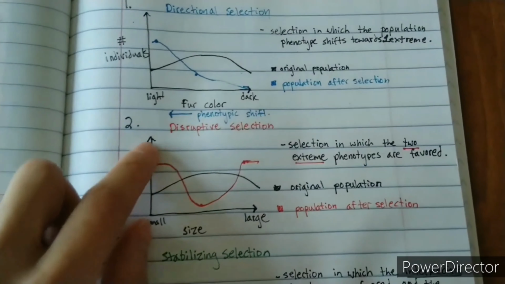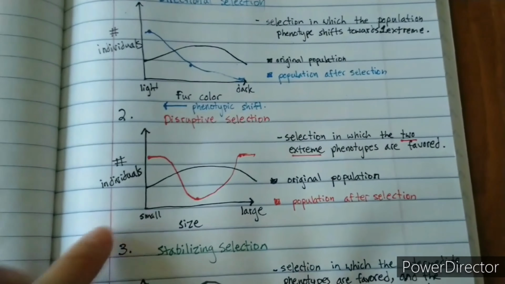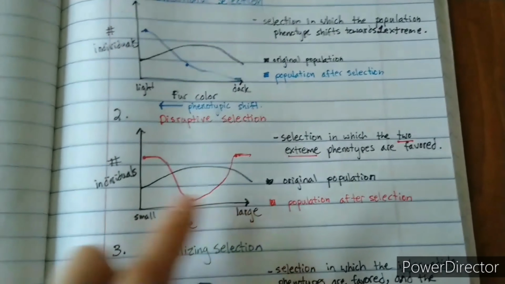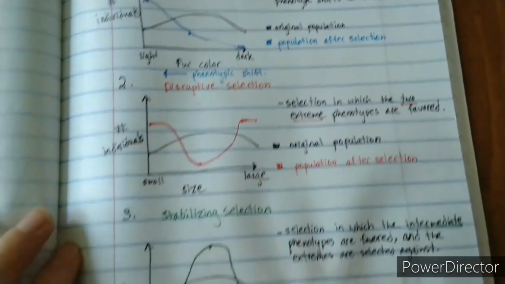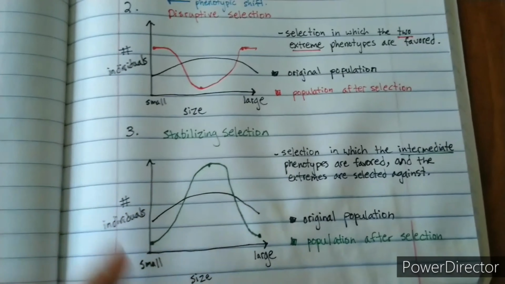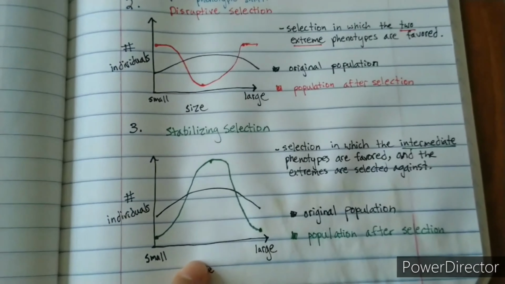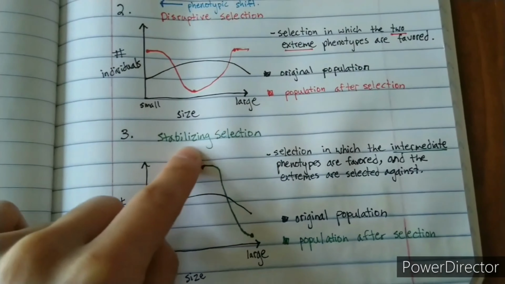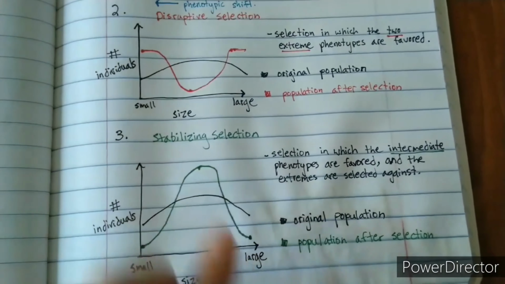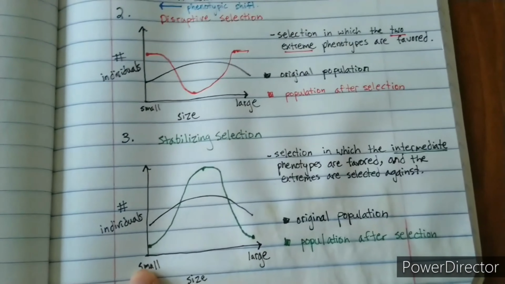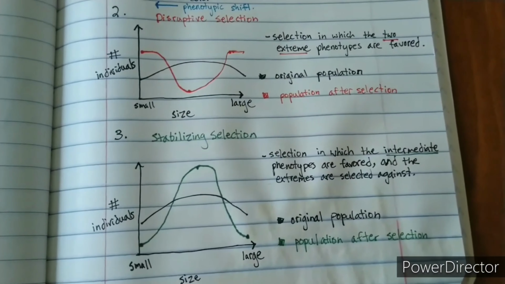Disruptive selection is that weird hole in the middle of the graph in which I favor both extremes of my phenotypes. And finally, stabilizing selection is the one that's going to look like a very stable mountain type shape. It is going to be where the medium or intermediate phenotypes are favored, whereas the extreme phenotypes are selected against.